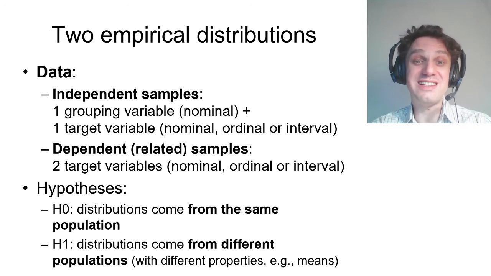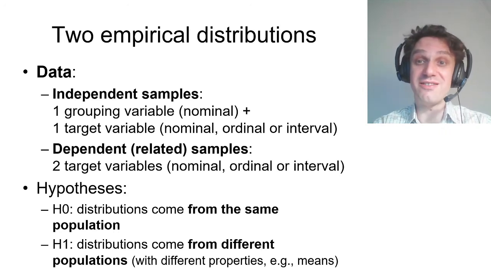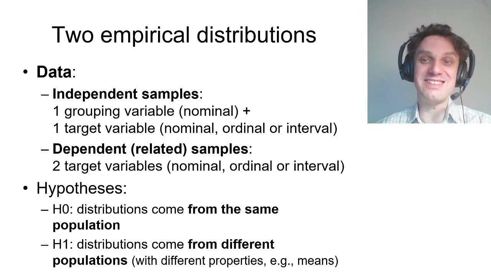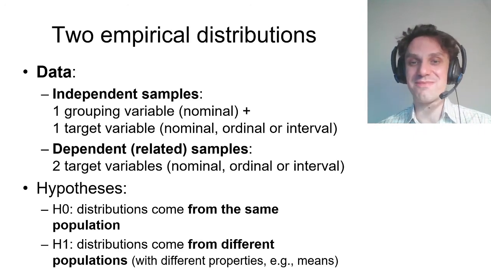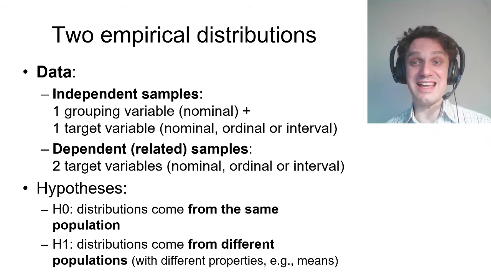Or if we have dependent or related samples, we can ask the question, did the anxiety score change from before to after the intervention? So was our intervention effective in changing these anxiety levels in patients? So all these hypotheses test the same type of general hypothesis.